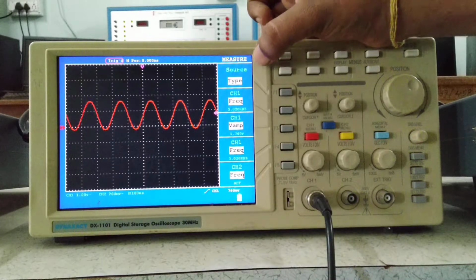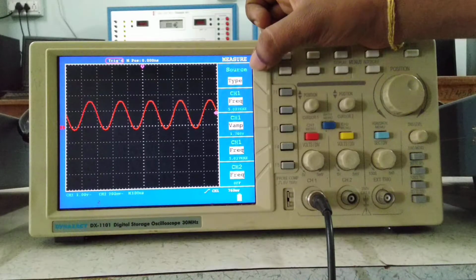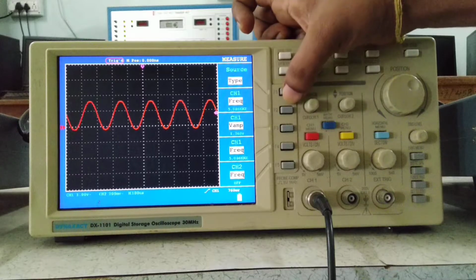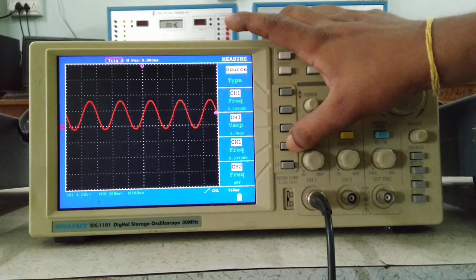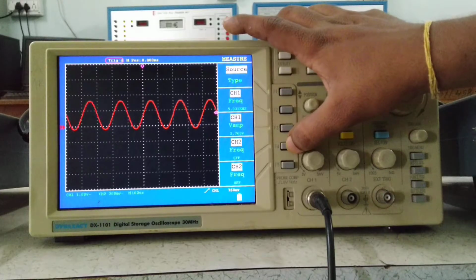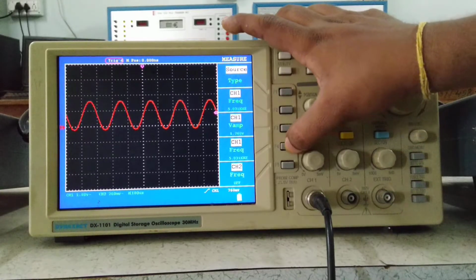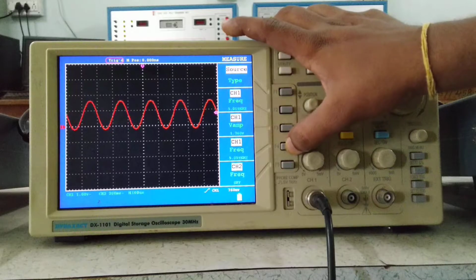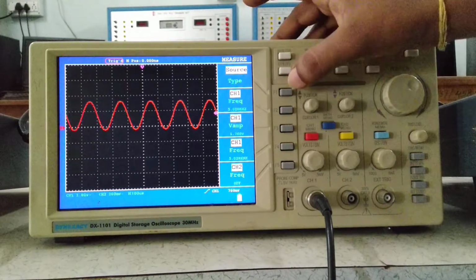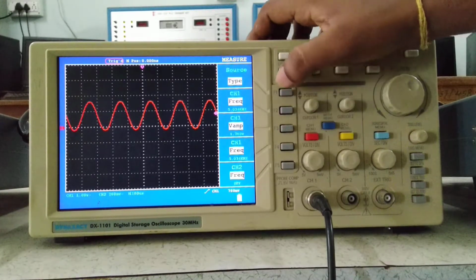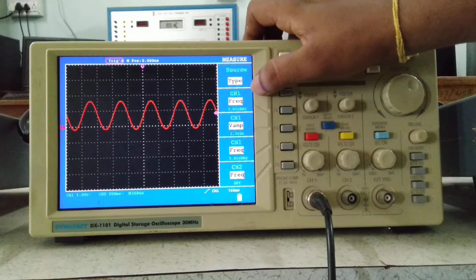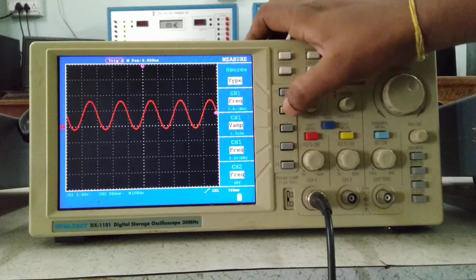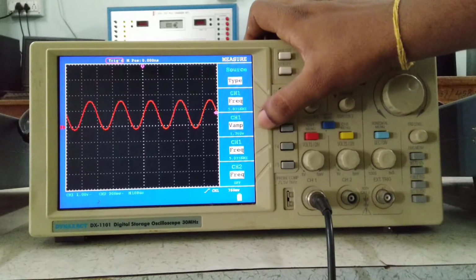In these functions, we can select the source, that is, either channel 1 or channel 2, by pressing this function button. So here you can see the change in the source name. By pressing this switch again, we can select the type of quantity which we want to measure. Here for the first two functions, frequency and amplitude are selected.